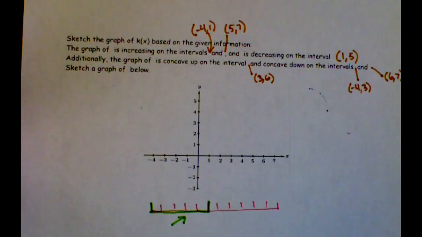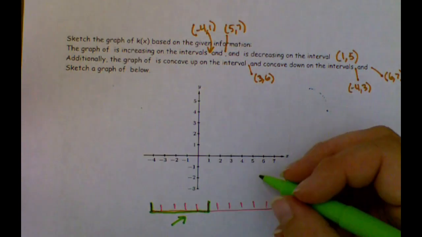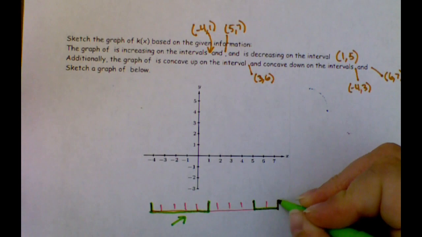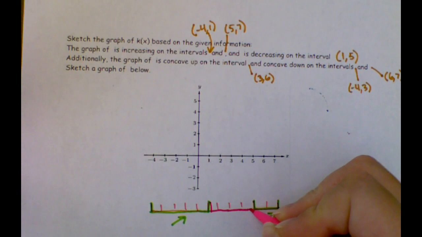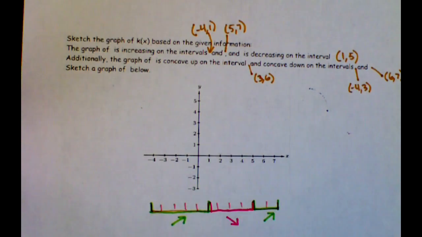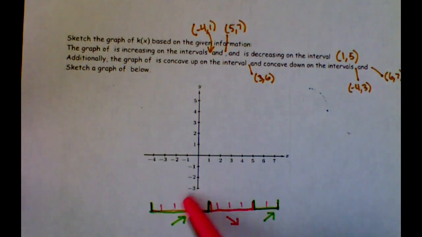Left to right is going up. And from 5 to 7, I am also going up. On 1 to 5 here then, I'm going down. So my graph has to do something like that. It has to go up, down, up.